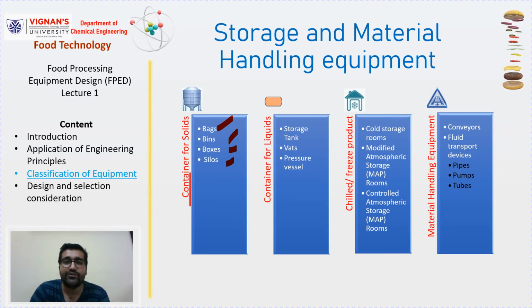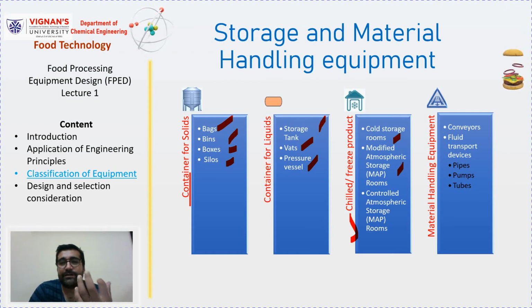But if we are going to store liquid products, we go with storage tanks, vats, and pressure vessels. Suppose during storage we are going to maintain conditions, so we'll go for cold storage rooms, or MAPs, modified atmospheric storage rooms, or CAPs depending upon our requirements.